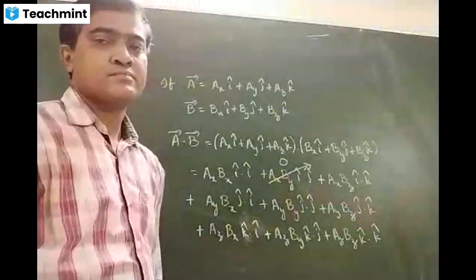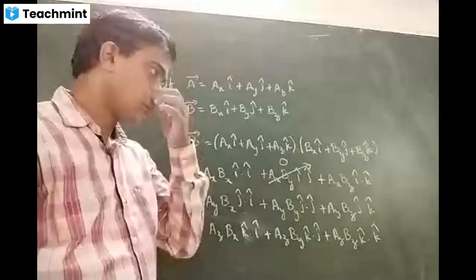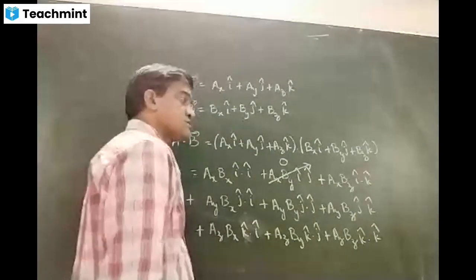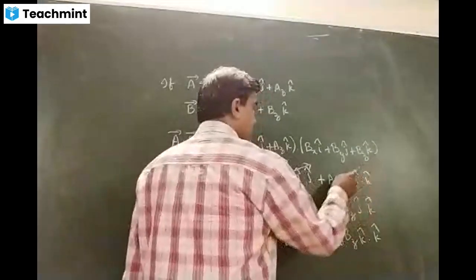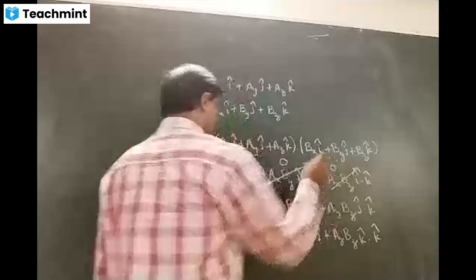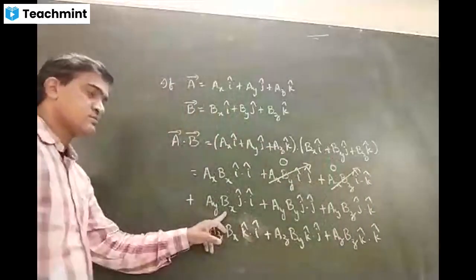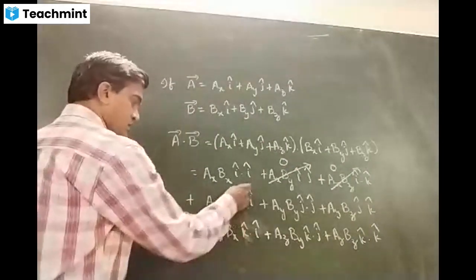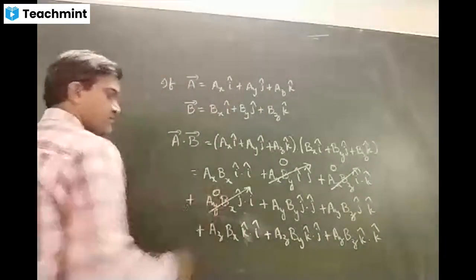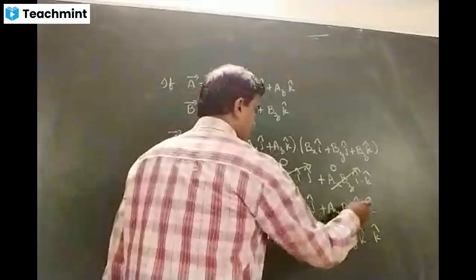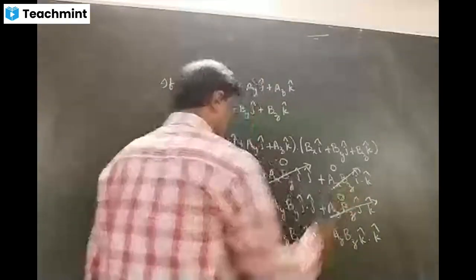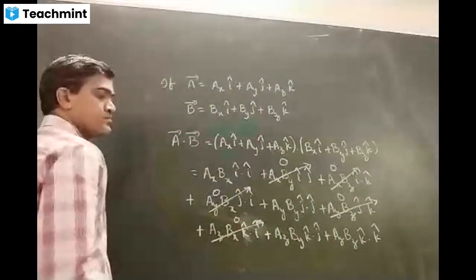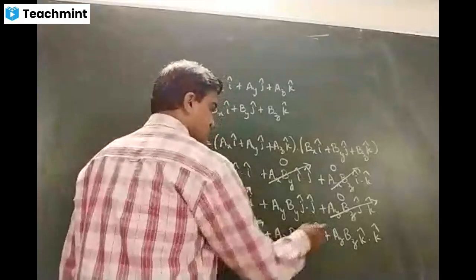Yes, sir, because it should obey the commutative rule. Anywhere, the product will be 0. And J cap dot K cap is 0, K cap dot I cap is 0, K cap dot J cap is 0.